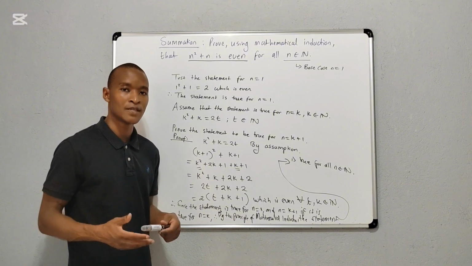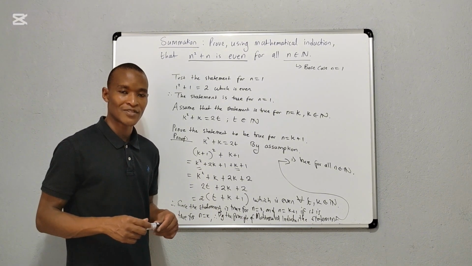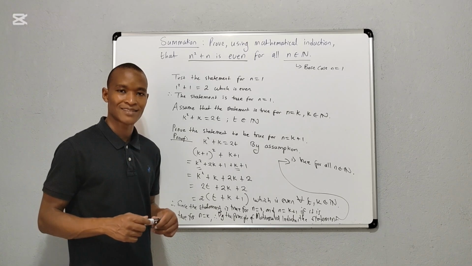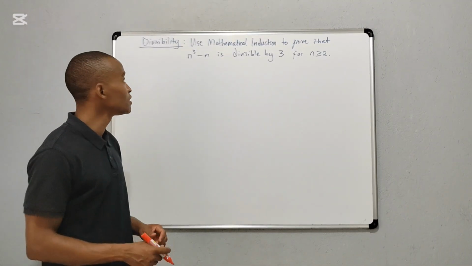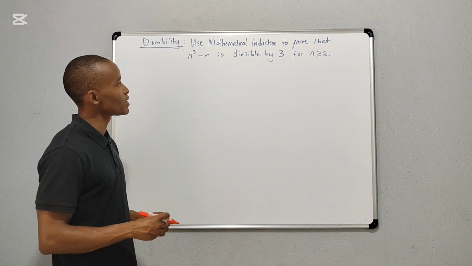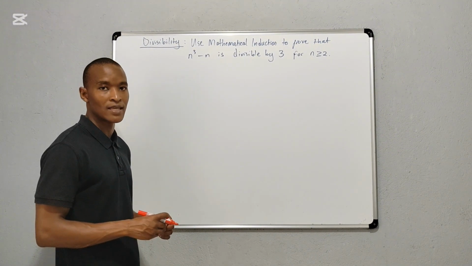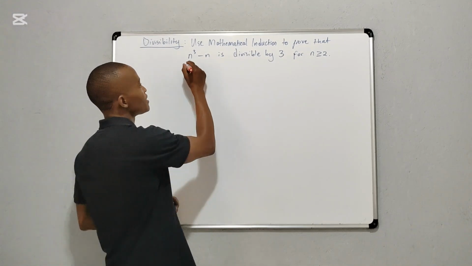Let's go to the divisibility example and see how we can unpack it using the principle of mathematical induction. Alright, here is the divisibility example. Use mathematical induction to prove that n cubed minus n is divisible by 3 for n greater or equal to 2. Here's our statement.